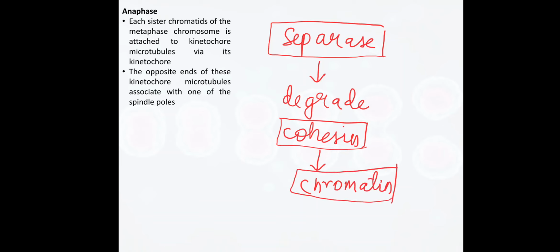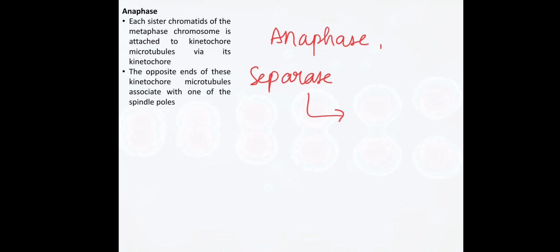S stage itself. As separase degrades this cohesin, it will divide cohesin from the chromatin. So during anaphase, separase degrades cohesin. What happens before anaphase?